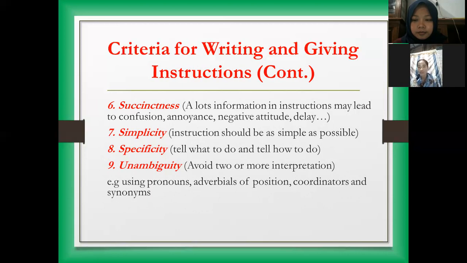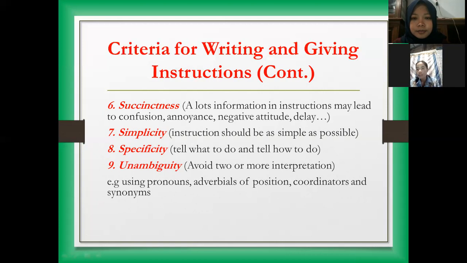So it is a problem. It is annoying for students. So for simplicity, the teacher needs to give instruction that is as simple as possible. Don't try to make it complicated. Make it as simple as the teacher can.